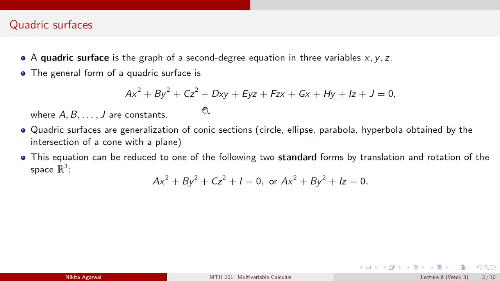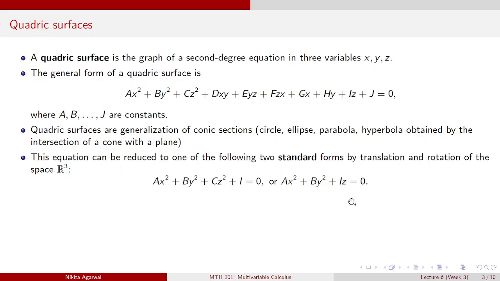This general form can be reduced to one of two standard forms by translating or rotating the surface. What are the two standard forms? One is where you just see squares of each of the variables and a constant, so you don't see any cross terms or linear terms.